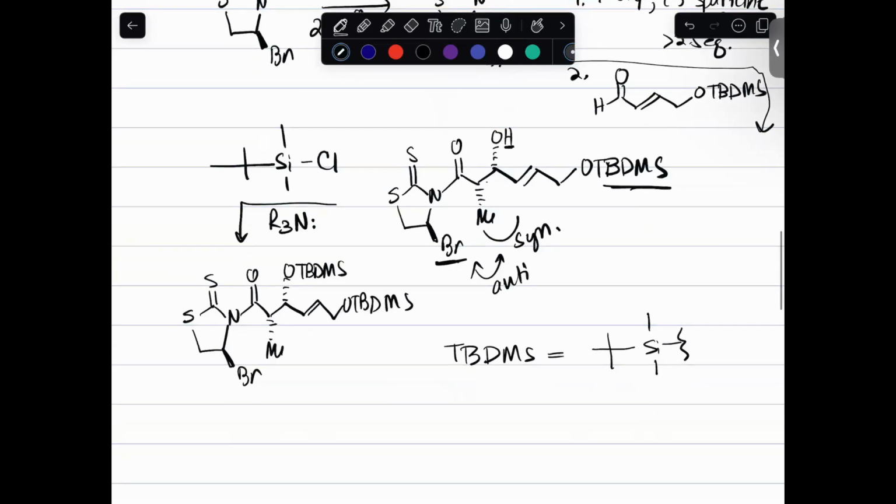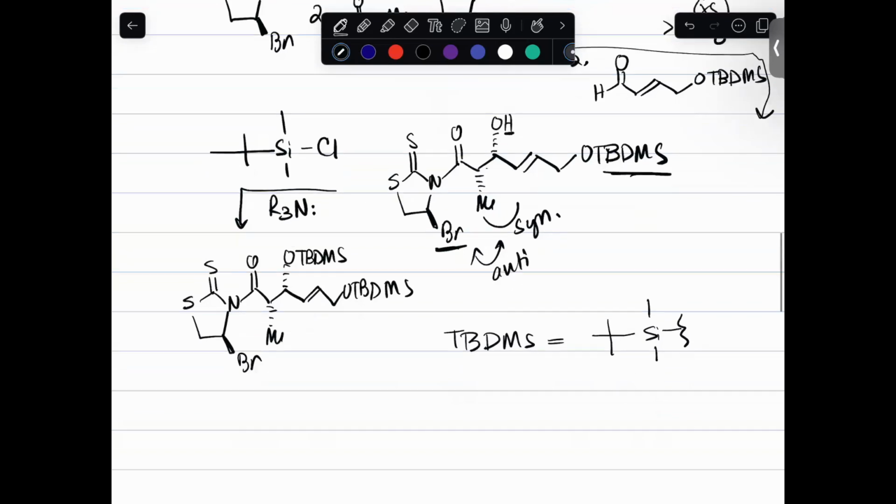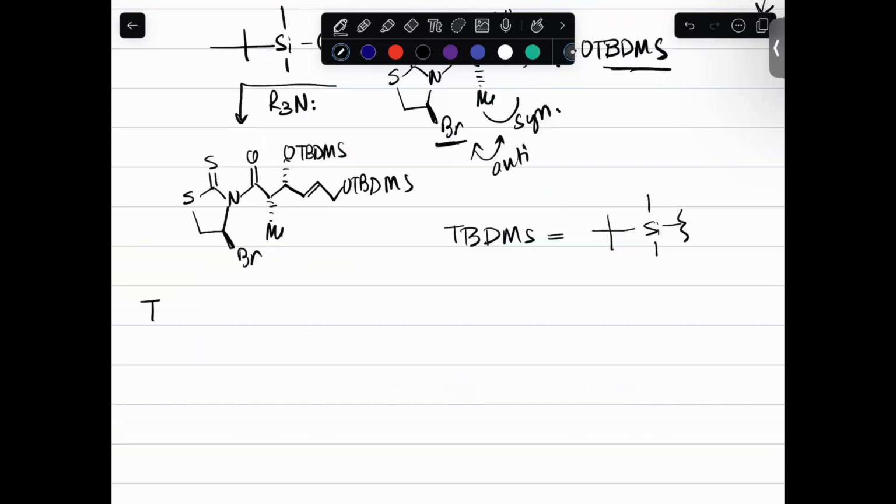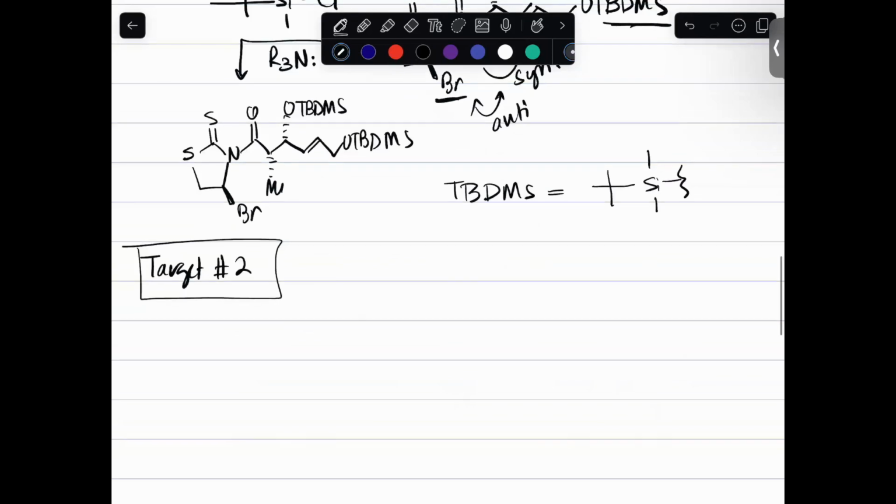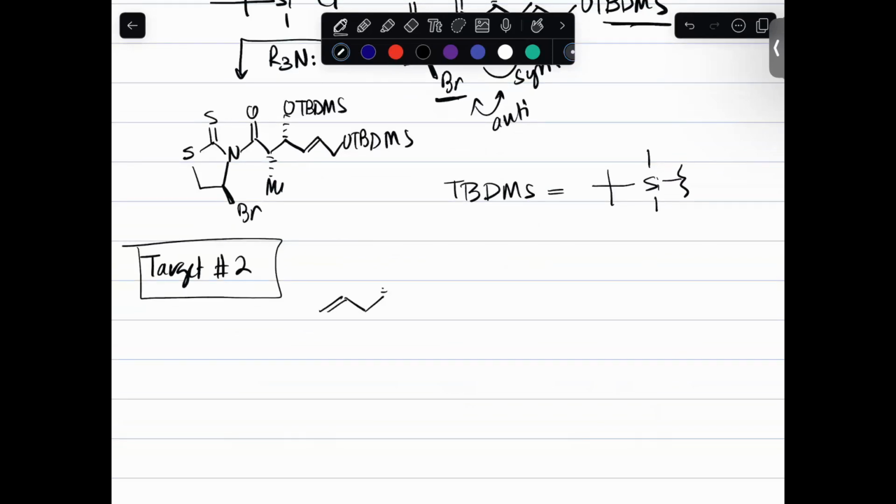Okay. Let me move on to target structure number 2. And so just to remind you, please notice that in this case, the thiazolidine thione is on the right.